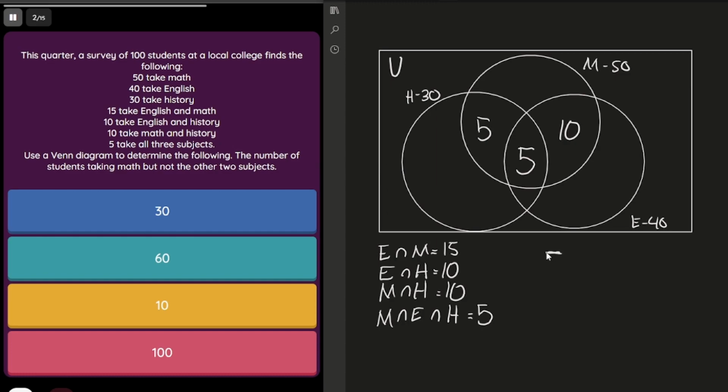So take the total number of students for math and take away the students who are taking other subjects, because we want to know how many students are taking math only. This would give us 30 who are only taking math.